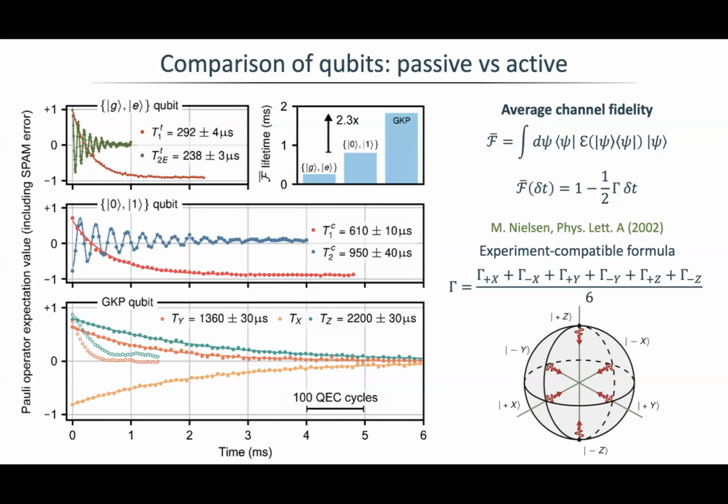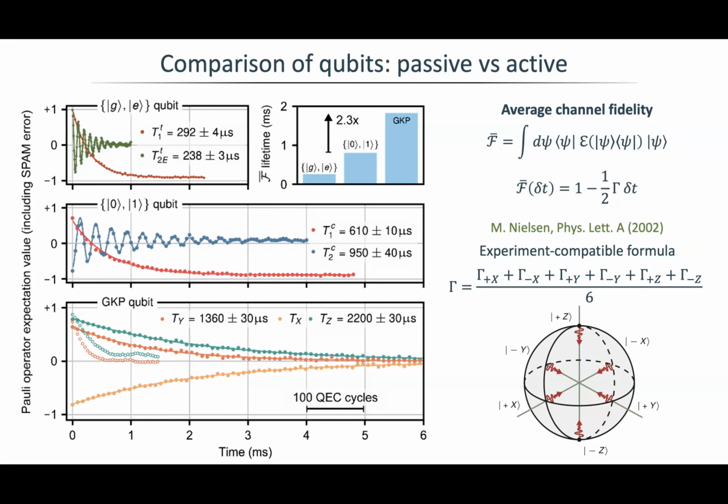And if this is some error channel that acts over time, then this fidelity will decay in time. And this decay is not going to be a simple function. It's not going to be a single exponential, for example. But if we want to define some single time scale, then we can expand it to first order, and define this rate gamma that characterizes how this Bloch sphere decays overall from all directions. So it doesn't give any preference to any axis.